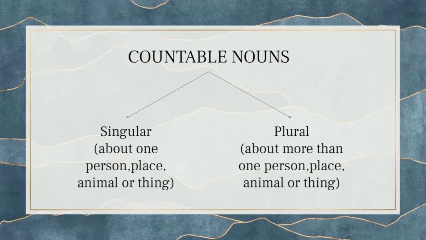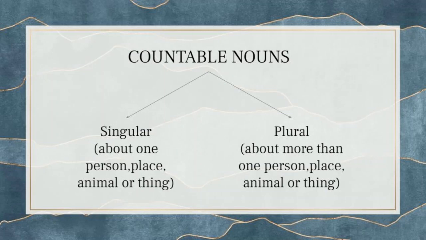Okay students, let us see about singular nouns. Singular nouns tell us about one person, one place, one animal, or one thing. What do you mean by singular noun? Singular nouns tell us about one person, one place, one animal, or one thing.